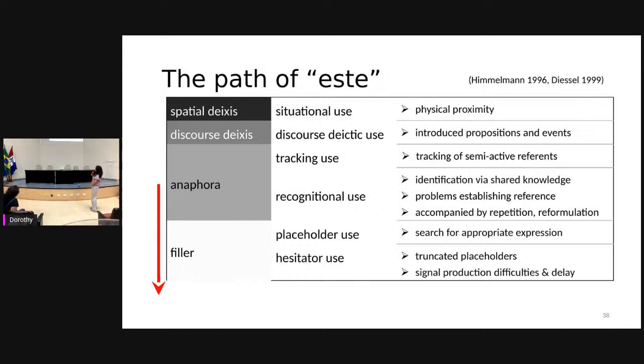When you use it while searching for the expression, hesitators would be truncated placeholders, meaning you are not successful in finding the word, abandon it, and continue. Over time, that becomes the hesitator. It doesn't signal that I'm looking for something specific; it just says, I don't remember, give me time. Don't take too long.